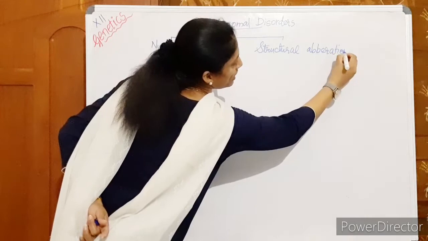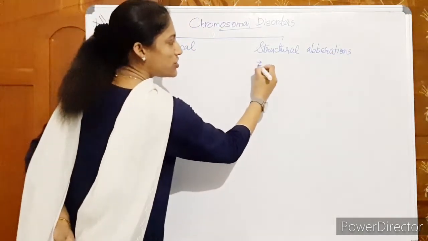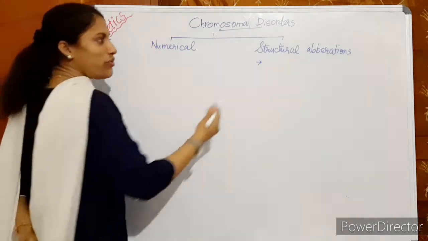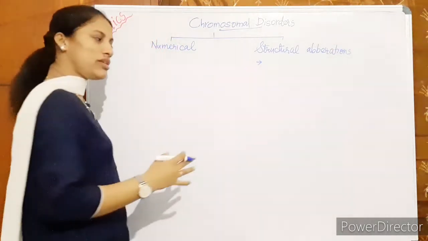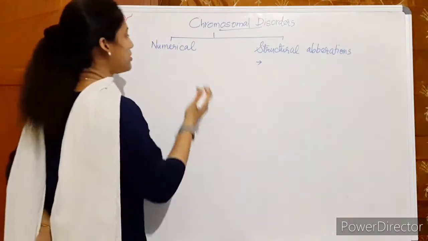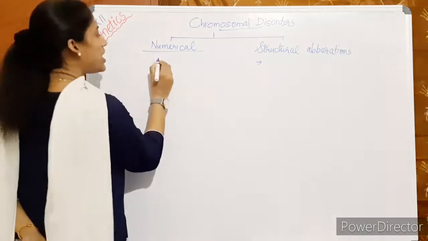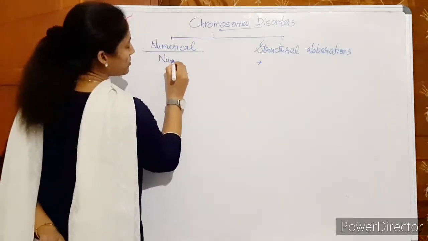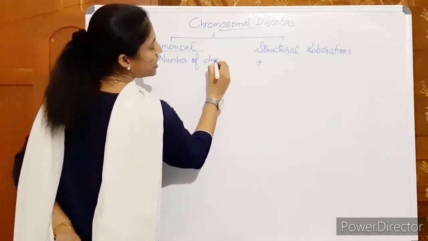Listen here. The structural aberration means change in the structure. We are not discussing it in detail. That is not there in your textbook, and you will study that in higher classes. And we have to focus on numerical aberration. Change in number of chromosomes.